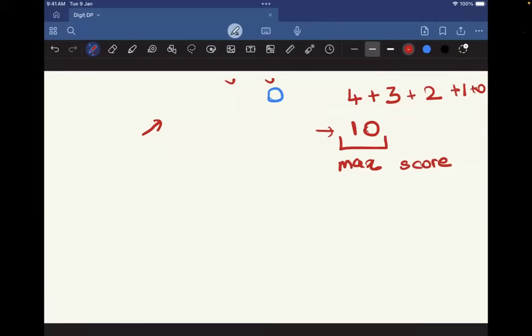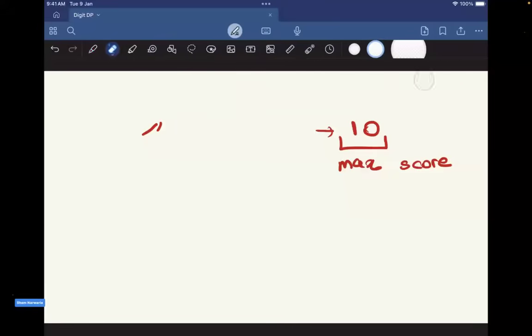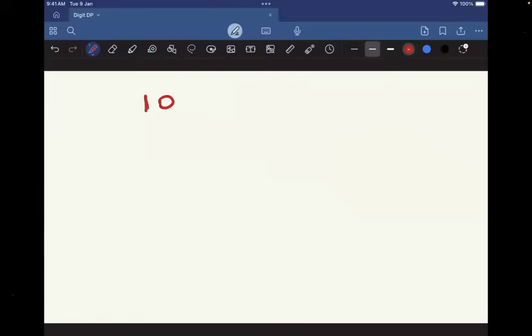Ritik says, can you repeat? Okay. So if you look at this, 101010, or let me take 1010 only. Now the length of this is 4.